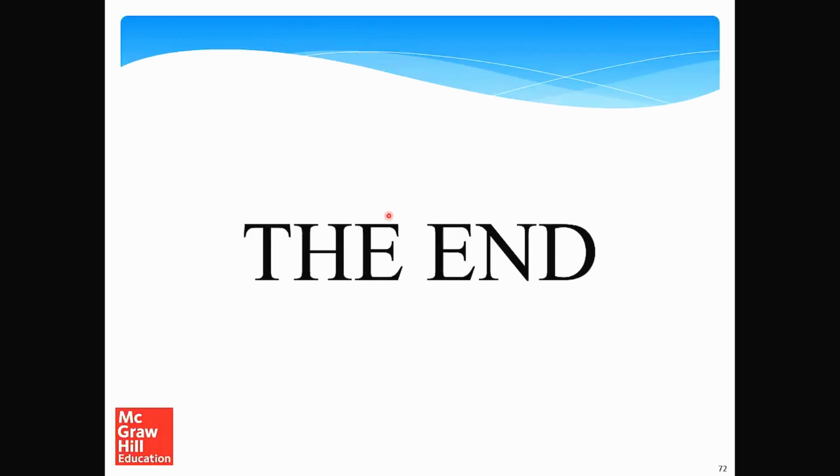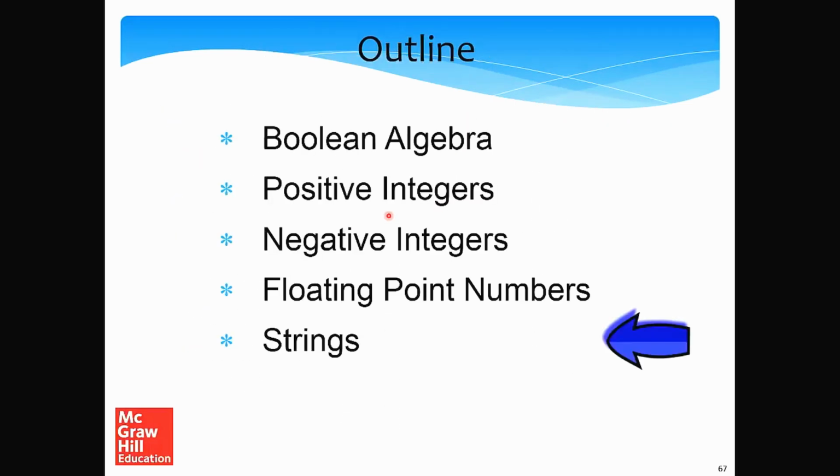Alright, so this brings us to the end of chapter 2. So what have we achieved in chapter 2? Let's go back to the outline slide. So in the outline slide, we have basically shown what is possible to do with a set of bits. So we can work on them, we can define an algebra, and we can have basic operations.